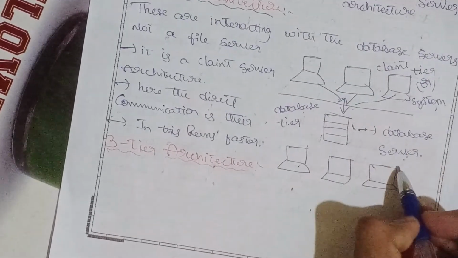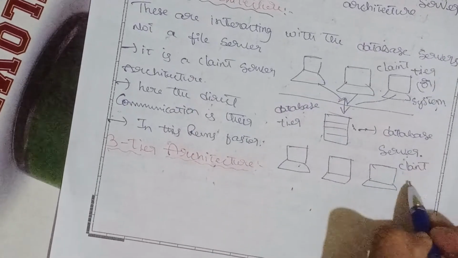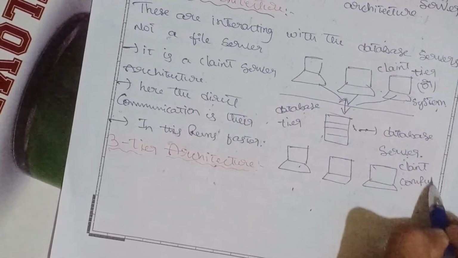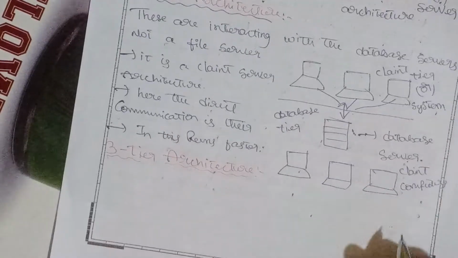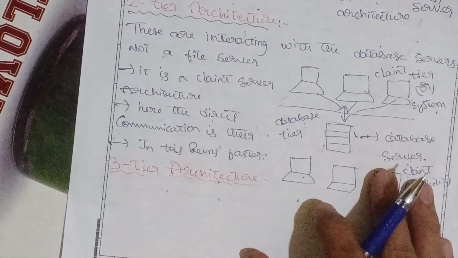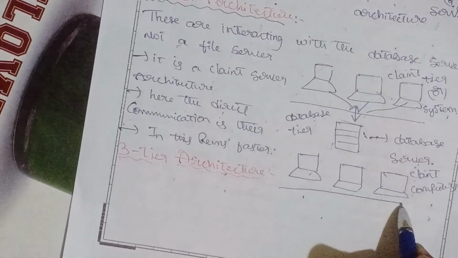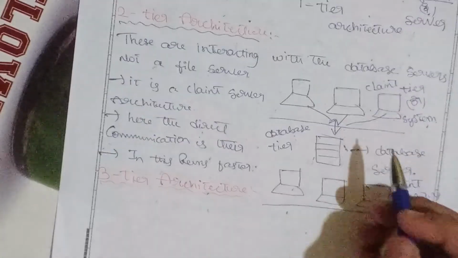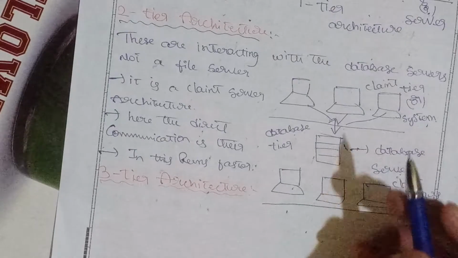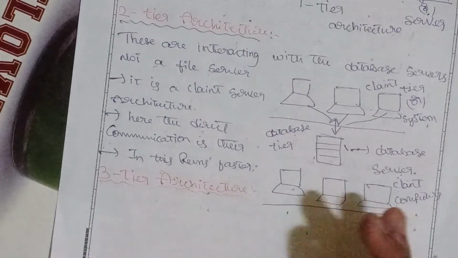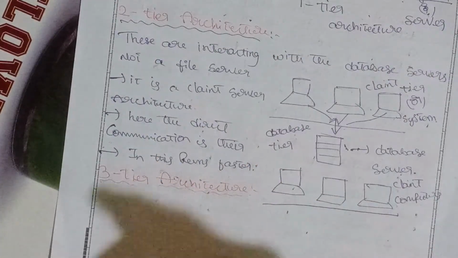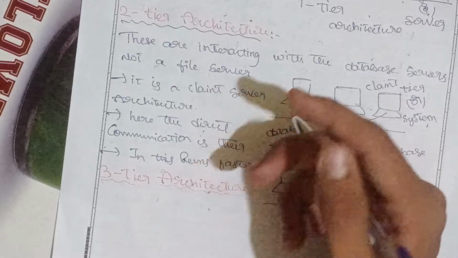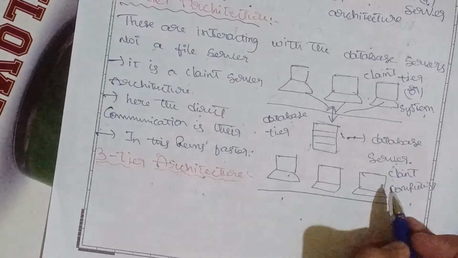These are the client computers, we know. In three-tier there are three layers. These are the client tiers, also called client tiers.